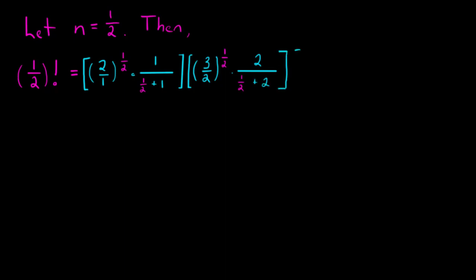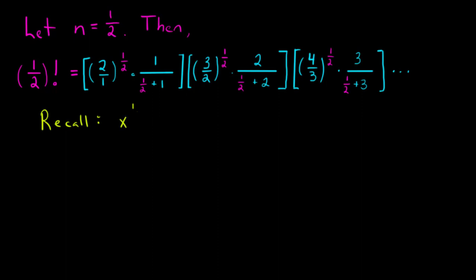Close brackets again, open brackets, times 4 over 3 to the 1/2 power times 3 over 1/2 plus 3, close brackets, and so on until we get to our nth term.